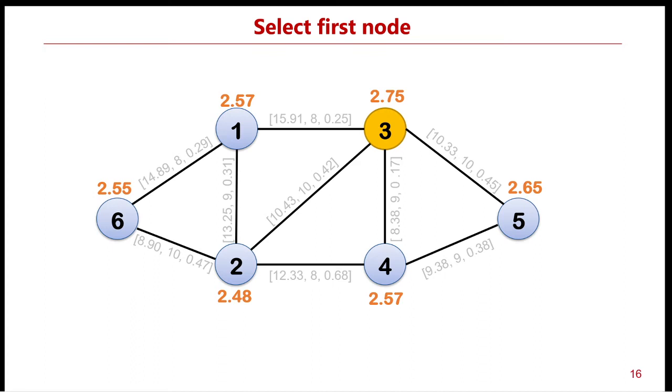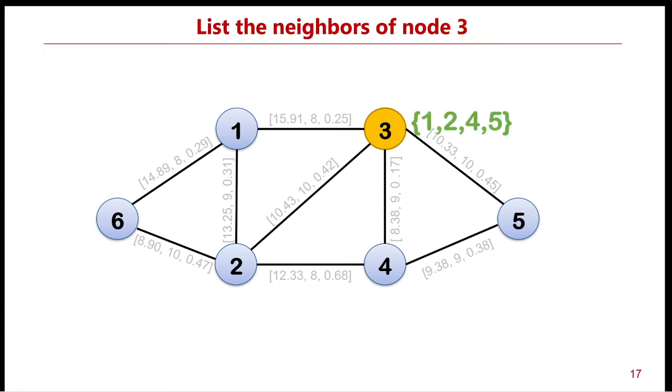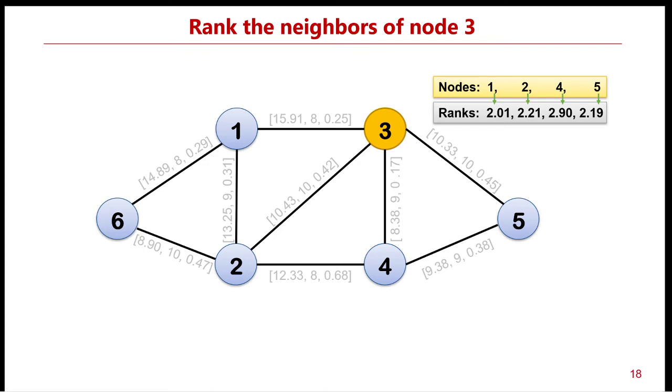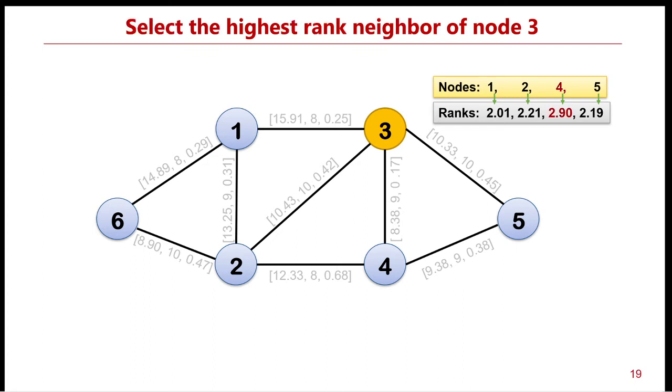After selecting node 3, we check the neighbors of node 3 to add further nodes. Node 1, node 2, node 4, and node 5 are the neighbors of node 3. So we need to find the rank of each node. After doing the calculation, we find that among the neighbors of node 3, node 4 has the highest rank.